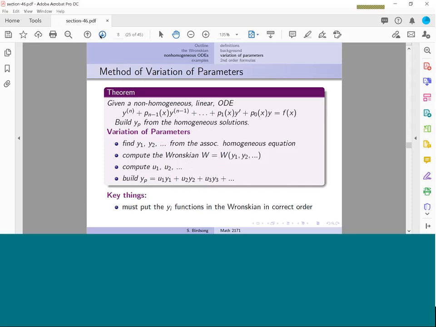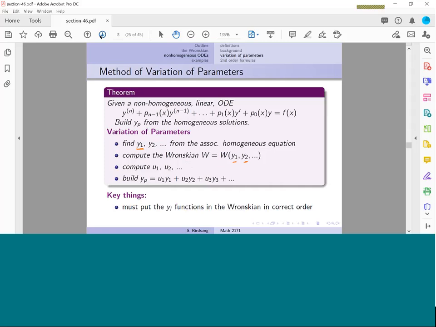Okay. So key things to note, and I cannot stress this enough: whoever you have tagged as your y1 and then y2, the solutions of your homogeneous equation, you have to put them in the same order for your Wronskian. If you swap around the order, it'll swap the columns in the matrix that gives you your Wronskian, and that actually flips the sign on your Wronskian.